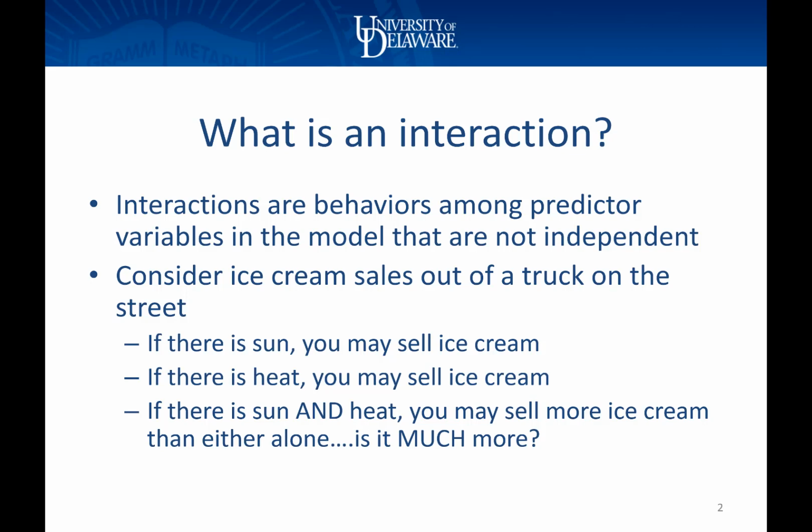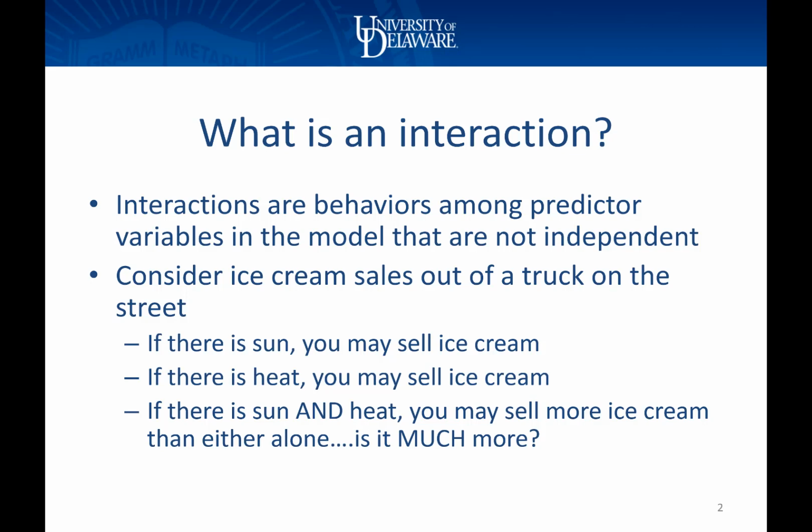So consider this example: if it's really sunny but it's like 60 degrees, you just have sun and you don't have heat, and maybe you sell 30 ice cream cones. And what if it's a really, really hot day, but it's kind of raining or super cloudy, and maybe you'll sell like 40 ice creams?